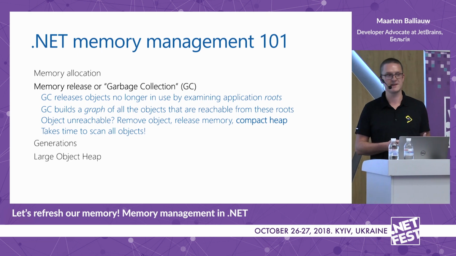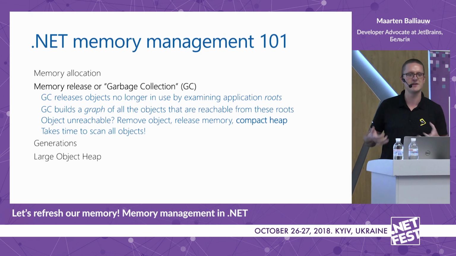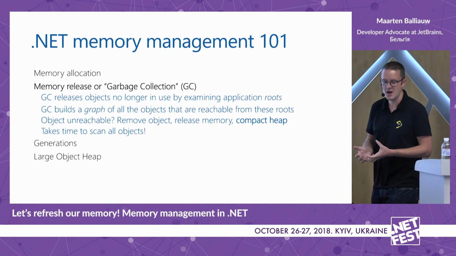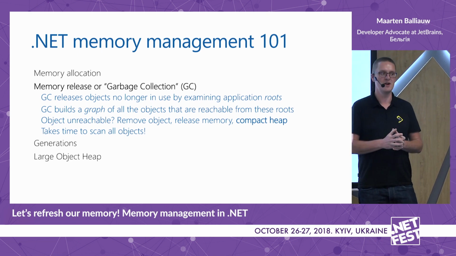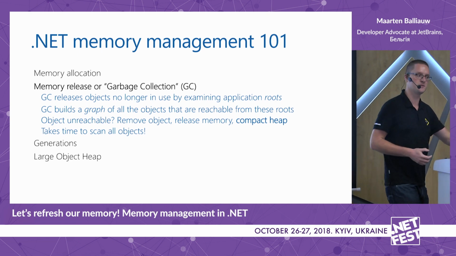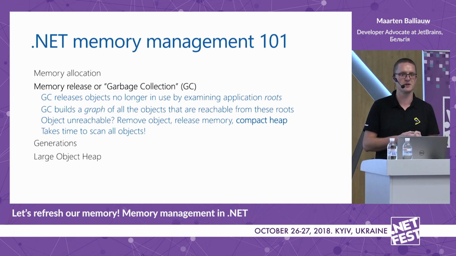The garbage collector will also compact that memory. If you think of defragmentation on your hard drive, for example, the garbage collector will defragment your memory space as well, so that whenever you want to allocate something, there's always a big chunk of memory available where you can just have one stream of bytes available to store the things that you want to store in there.